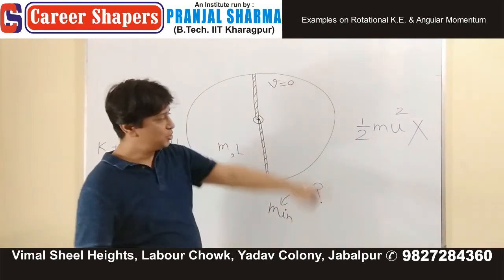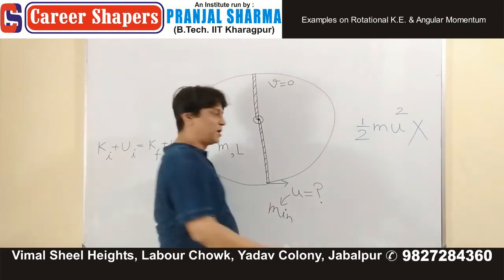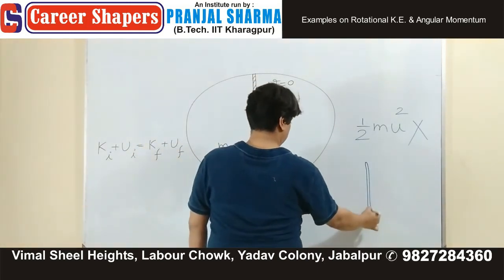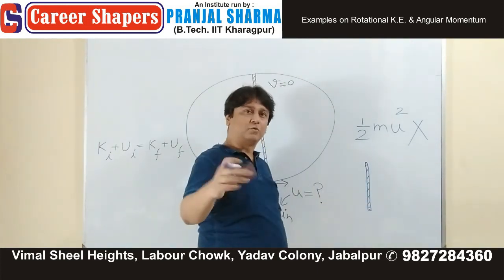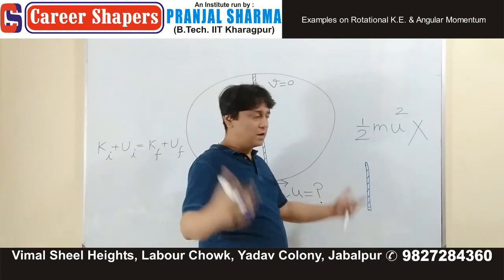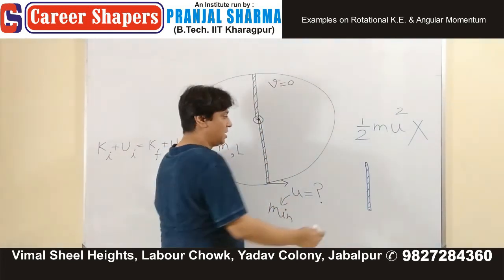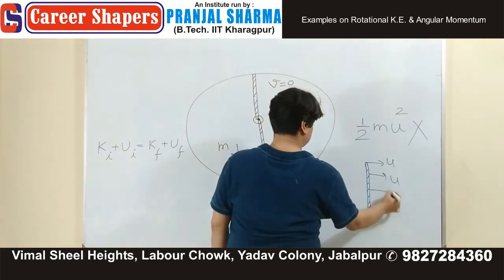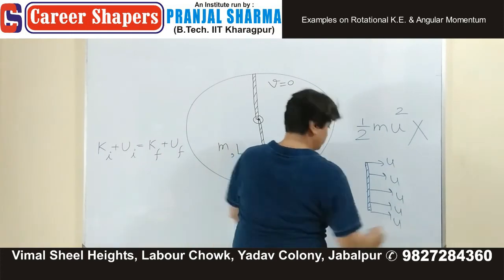कब होती है चीज half mu square? यहां देखना, अगर आपके पास एक रॉड है, सिंपल लॉजिक है, कोई रटने की जरूरत नहीं. अगर आप थोड़ा बहुत भी बेसिक्स क्लियर रखते हैं अपने, तो चीज समझ में आएगी. If every part is moving with u, every part is moving with u.